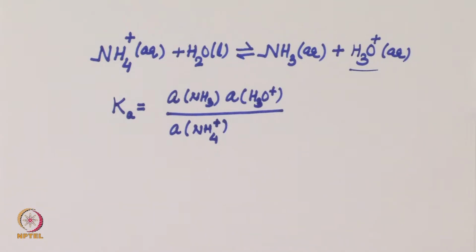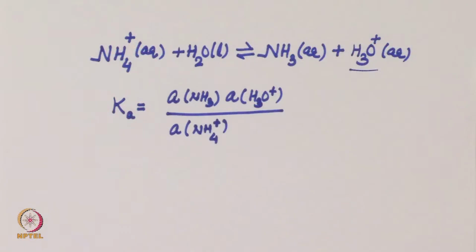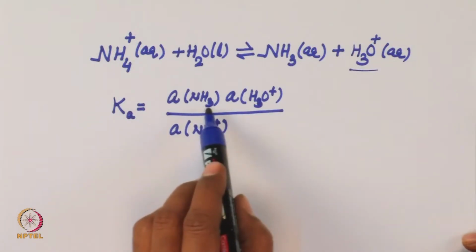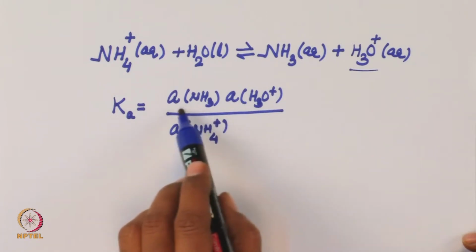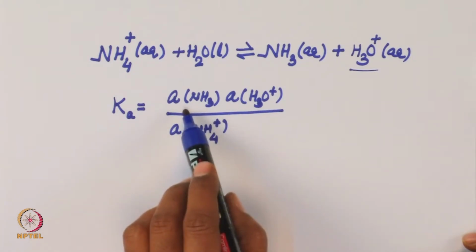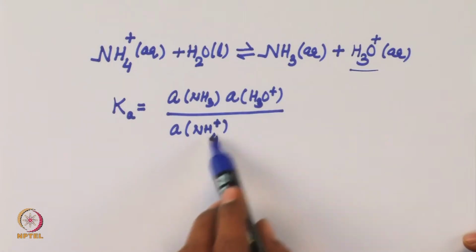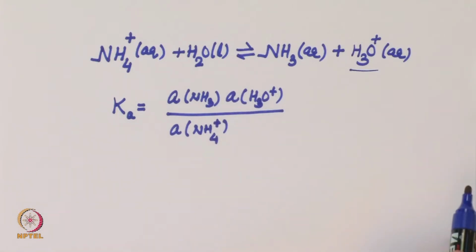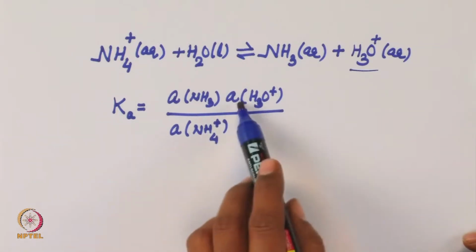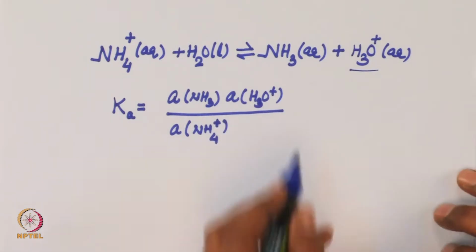And activity is equal to activity coefficient into molality. For pure ammonia, we will consider activity to be equal to its molality, and for these the activity coefficients will cancel out. So, in this expression we do not need to consider activity coefficient, because these will cancel out, assuming that the activity coefficients are the same.